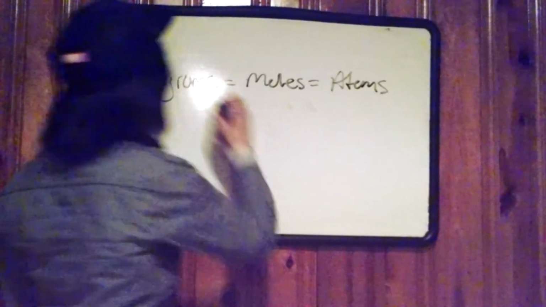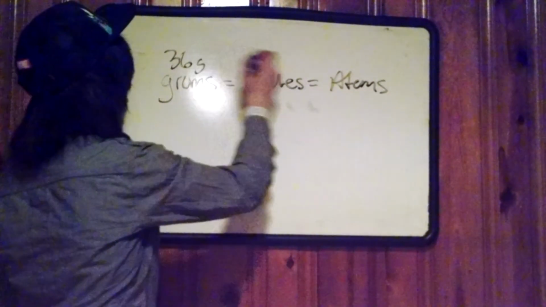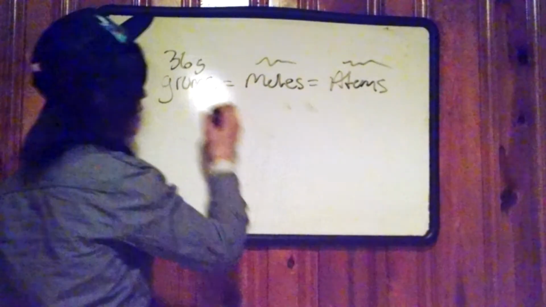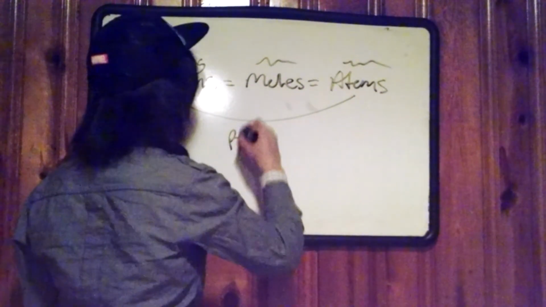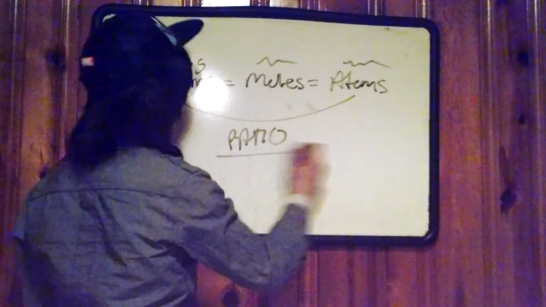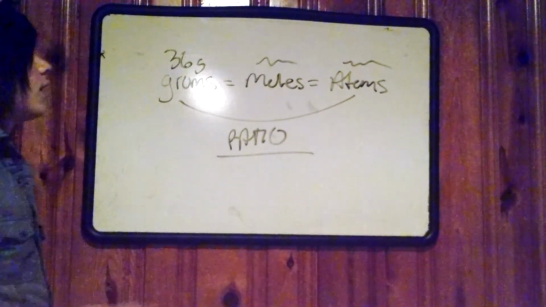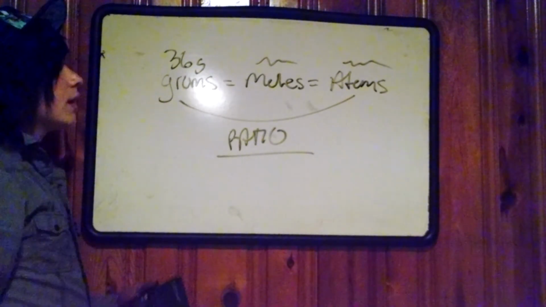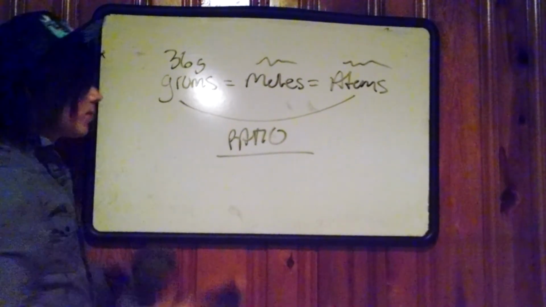So, if I have 36 grams, it's equal to so-and-so moles, which is equal to so-and-so atoms, making all of these one ratio and equal to each other. This relationship allows dimensional analysis to be possible and can allow many other conversions to be possible as well.